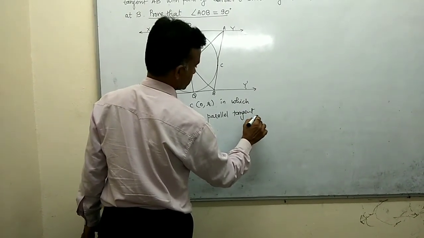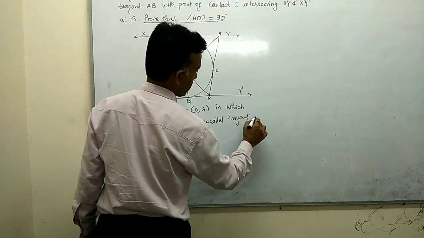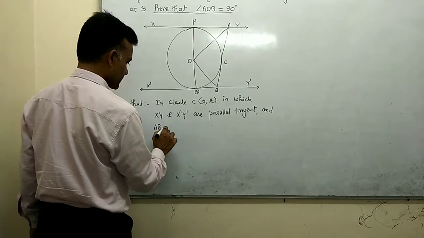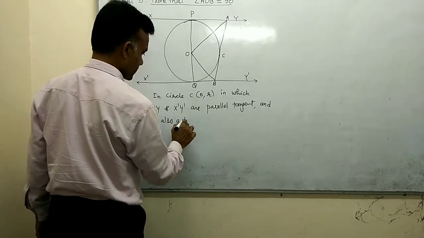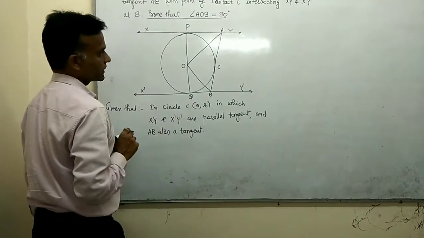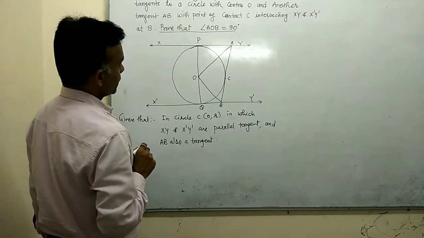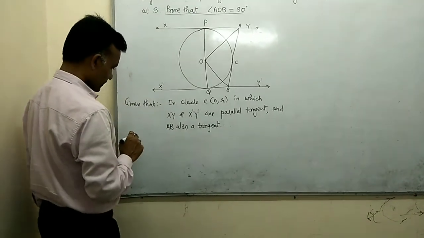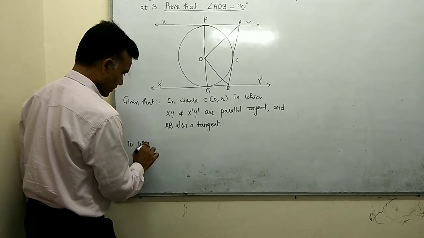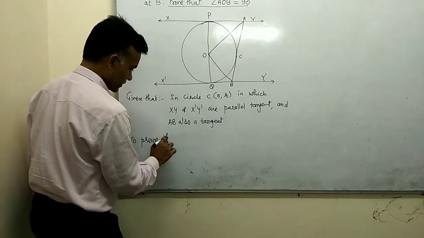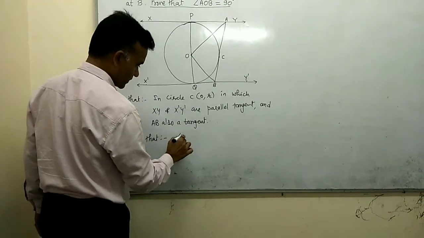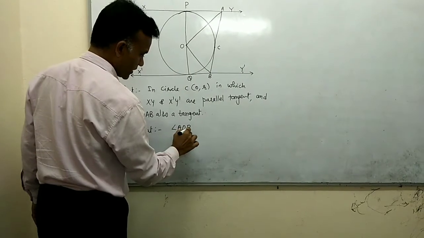And AB is also a tangent. Now this is the given, and then to prove, that is directly given here: prove that angle AOB equals 90 degrees.